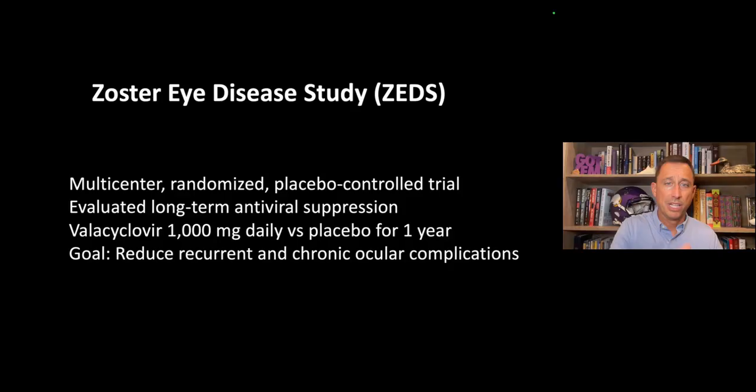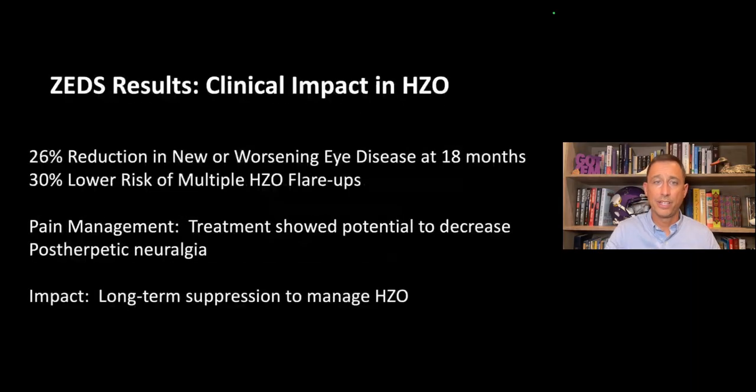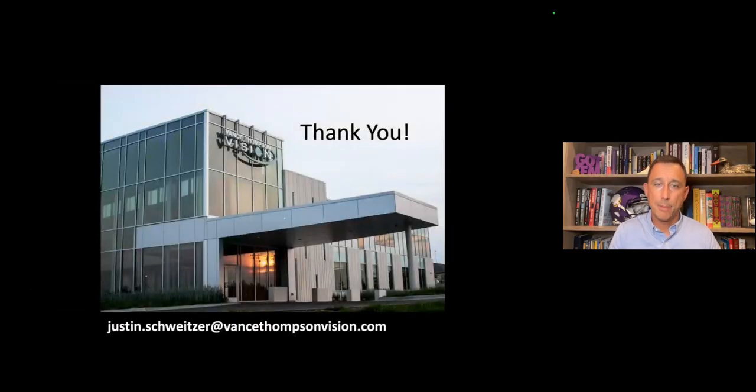I would do 1,000 milligrams, just like what the Z study said, for 1 year. Antiviral is very safe, typically. Obviously, if it's a patient that has kidney or other health issues, you want to talk to their primary provider. But the Z study tells us that valacyclovir is very likely going to reduce some of the things that we're worried about from a recurrence standpoint.